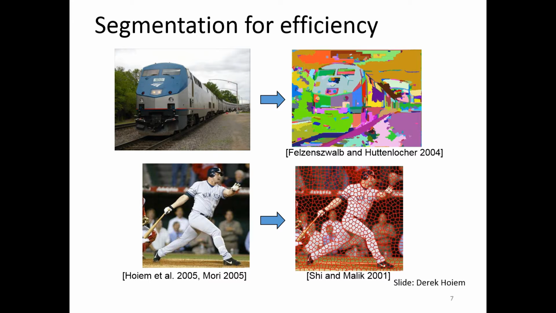Actually, we will talk about this algorithm here, this is a pretty famous algorithm, and this one as well, Shi and Malik. This is an example of superpixels, as I mentioned.